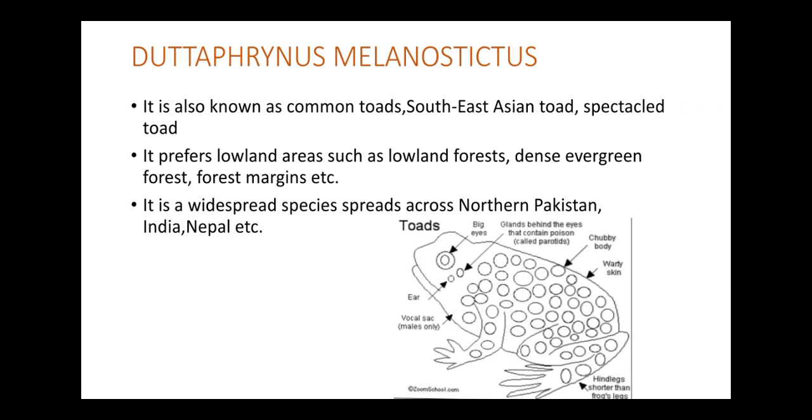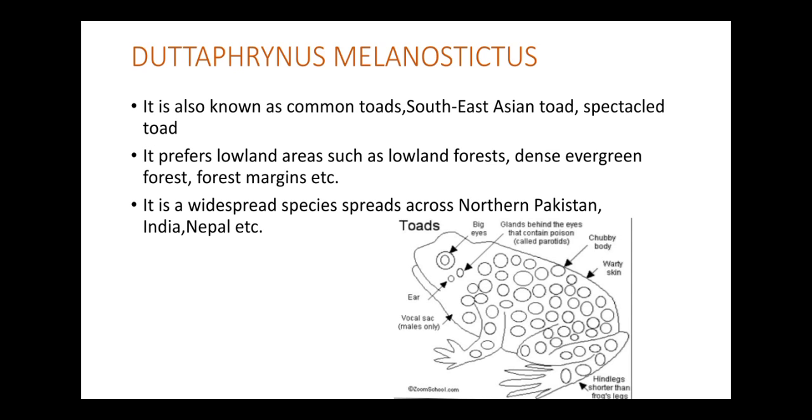Next is Duttaphrynus melanostictus, an example of order Anura, also known as common toad, Southeast Asian toad, or spectacled toad.